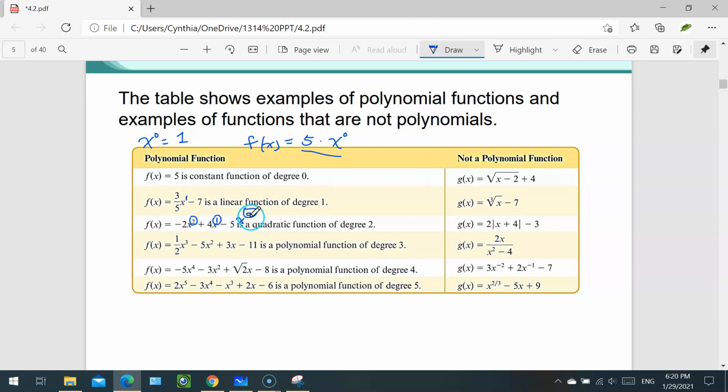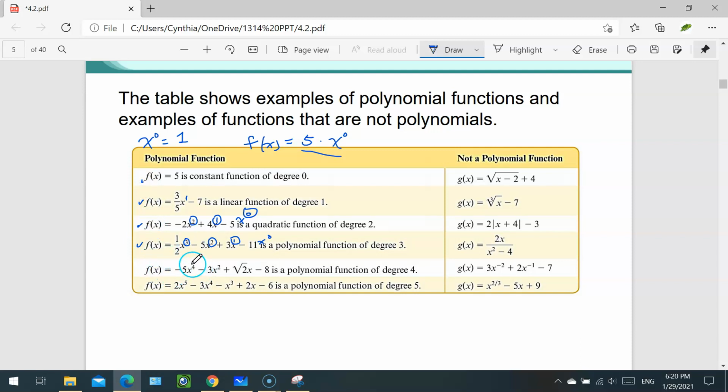So all three degree powers are positive integers, so this is a polynomial function. The next one, 1 over 2 x to the power 3, positive integer. The next term has power 2, this is power 1, and this is power 0. So yes, this is a polynomial.